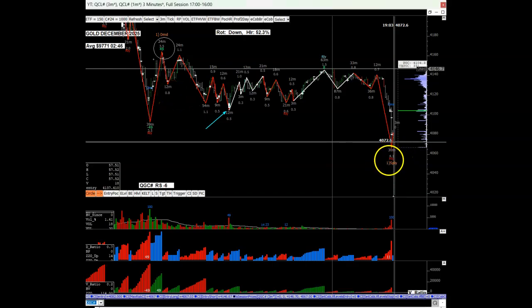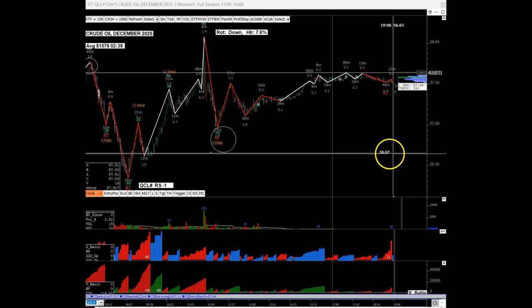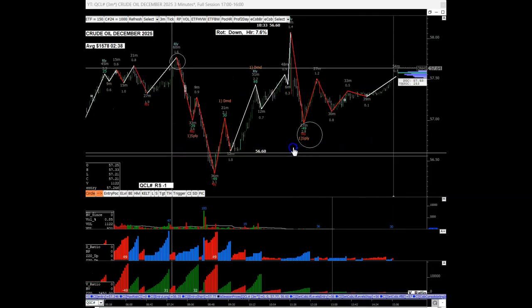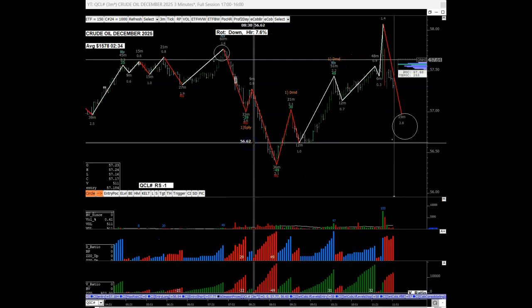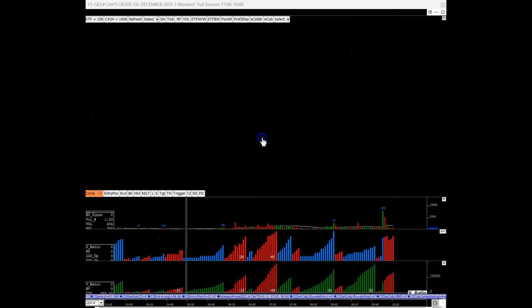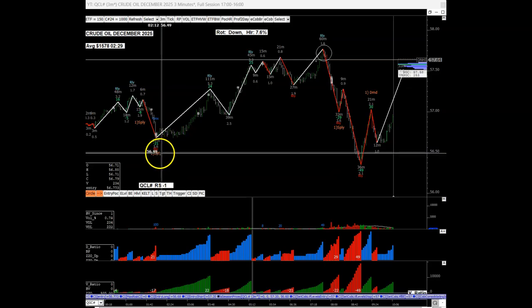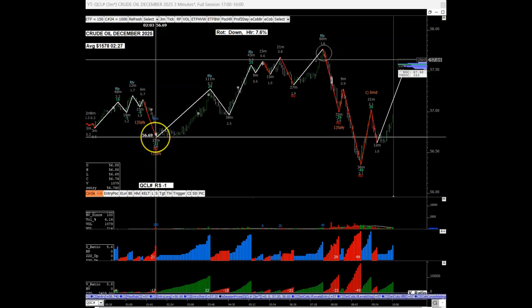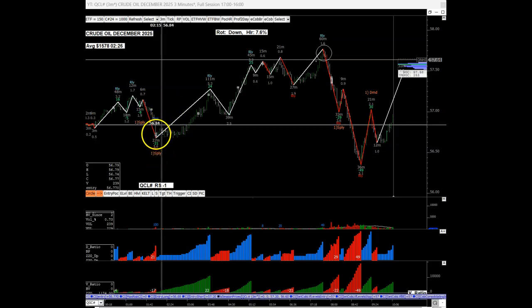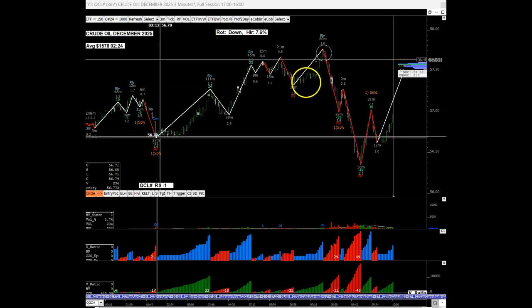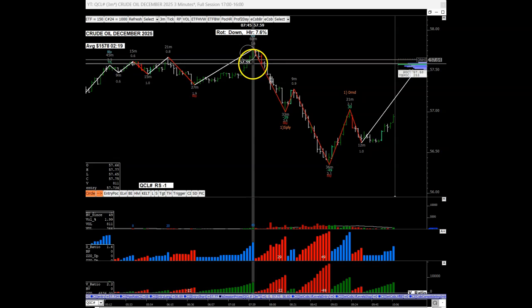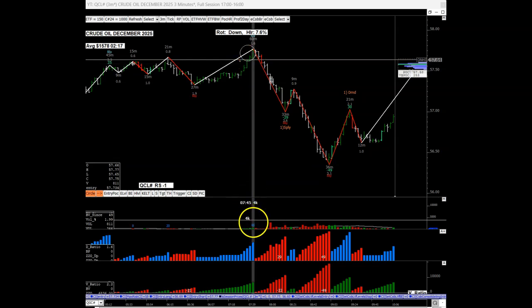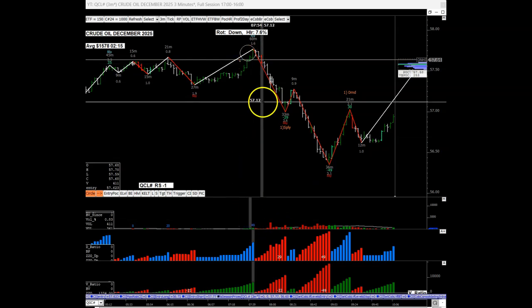Ooh, you got supply. Look at that. Uh-oh. So, let's see. So this was, I guess there was some climactic action here. And then up here, on that bar, the volume was the biggest in 49 bars.